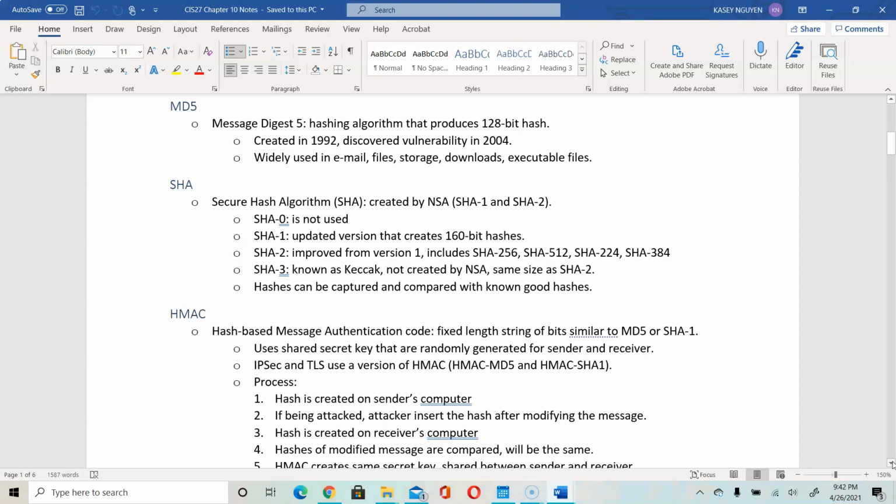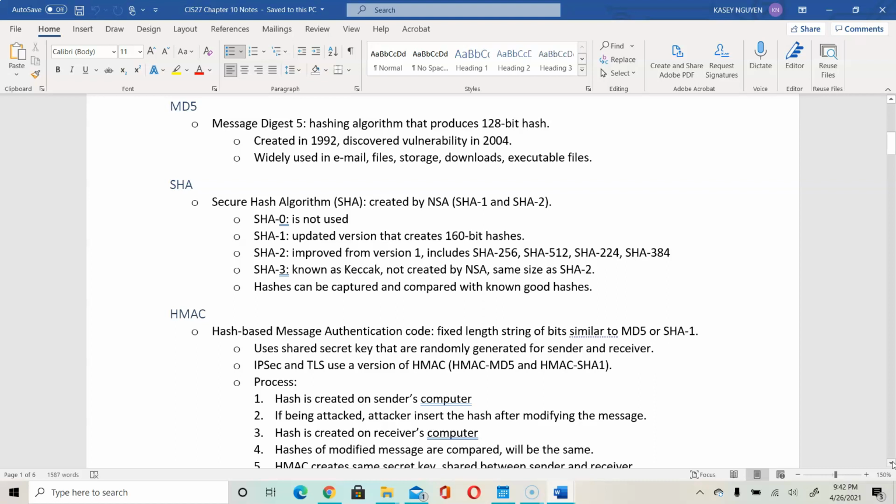And so in IPsec, which is used for virtual private networks, and TLS, which is often implemented with your HTTPS, it uses a version of HMAC, and HMAC should be used with hashes like MD5 or SHA version 1.